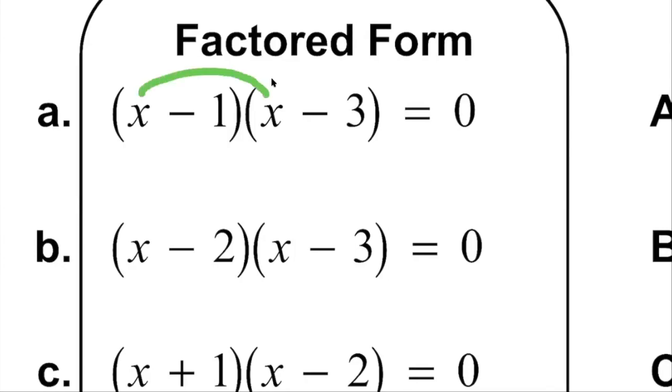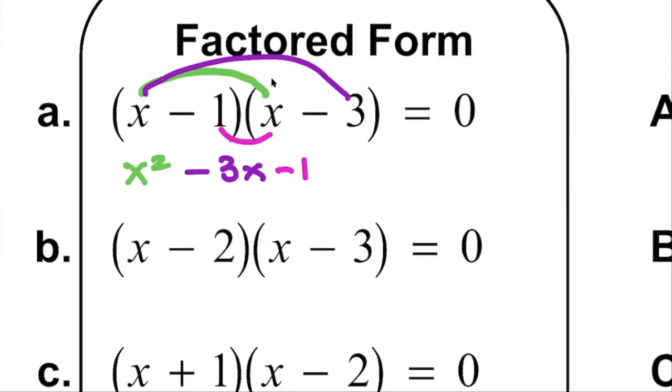So we're going to take x times x, which gives us x squared. Next, we're going to take x times -3, which gives us -3x. -1 times x, which gives us -1x, or just -x. And then lastly, -1 times a -3, which gives us a +3.